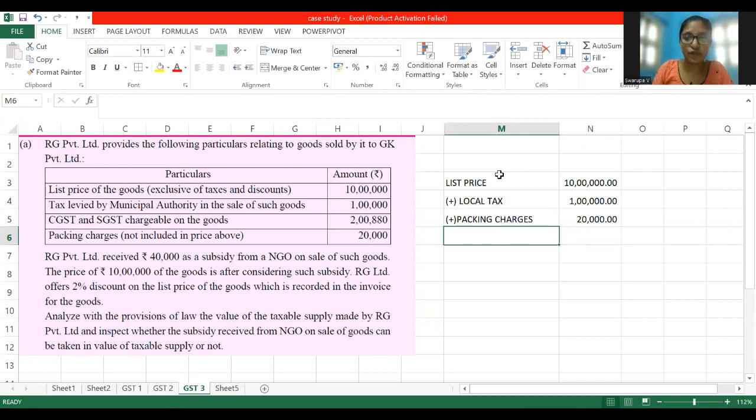He has received a subsidy of 40,000 and the 10 lakh price is arrived after considering such subsidy. So this 10 lakh is after adjusting. Should I adjust subsidy from a non-government organization? No. So non-government subsidy is a part of my taxable supply.